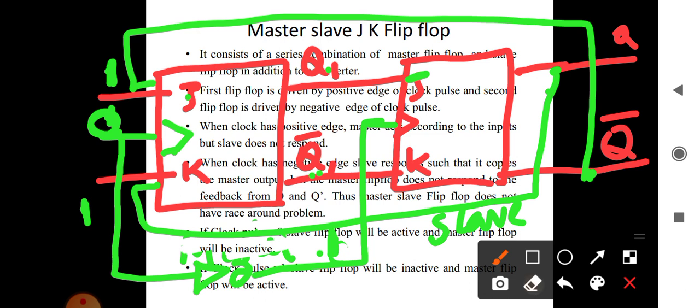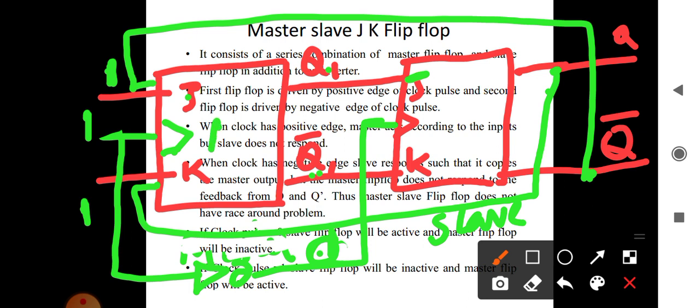So the clock pulse will be 1 here, but the slave will be inactive. The master will be active and the slave will be inactive.